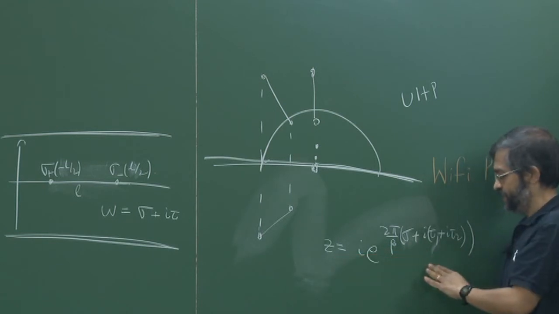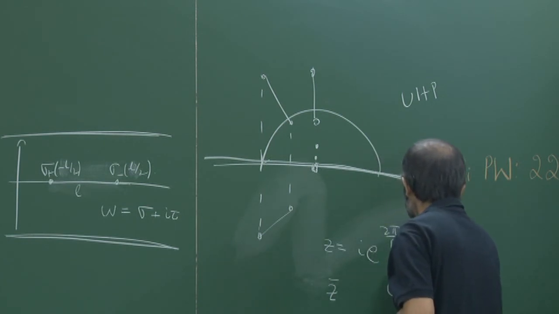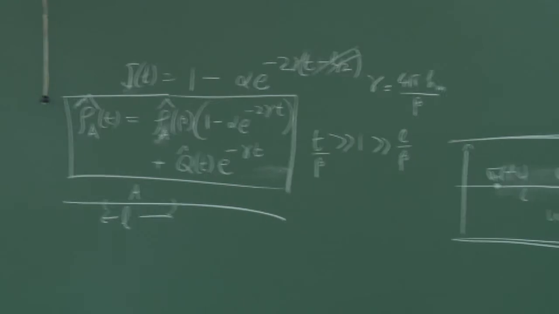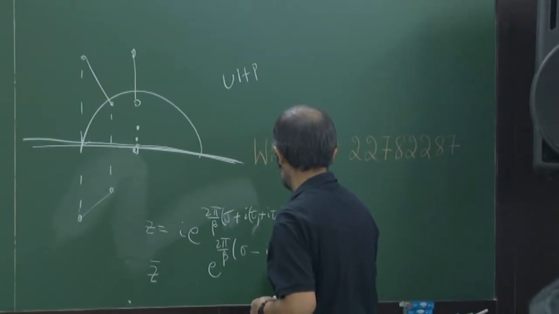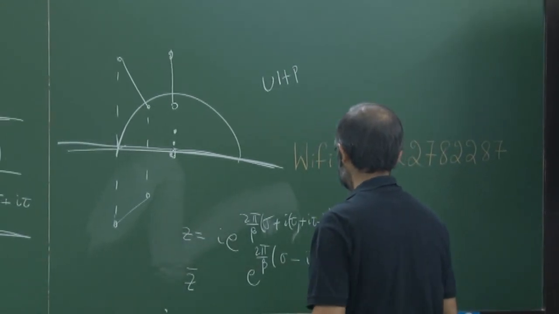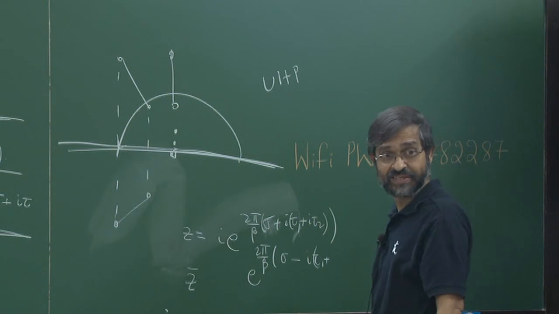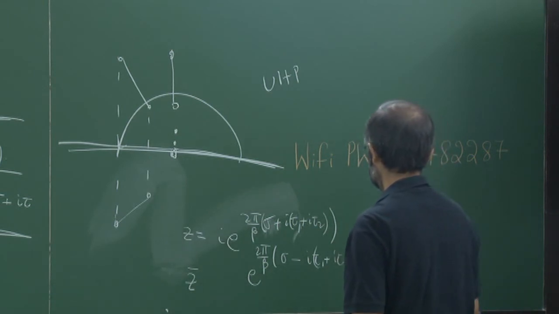And in z bar, it was e to the power 2 pi over beta (sigma minus I tau), and this you write as tau 1 plus, wherever tau appears, that's viewed as a real tau, but now it is like this, like that.